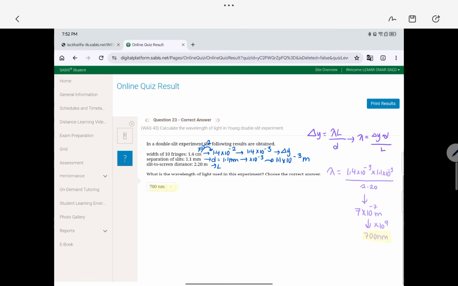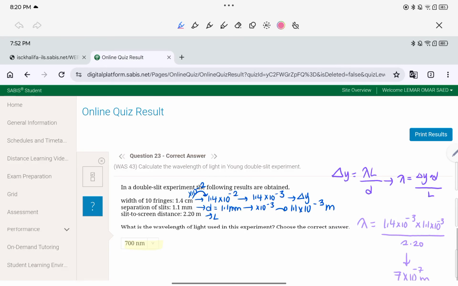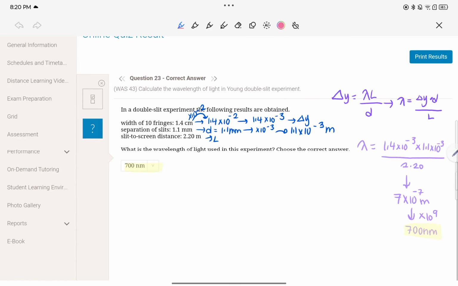Okay, question number 23. You have to use this formula, but now since you need to find the lambda, this is how you use it. Something my teacher told me: always use the smallest one as small d.